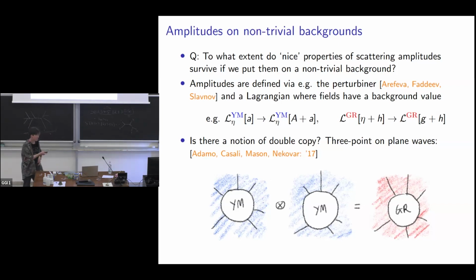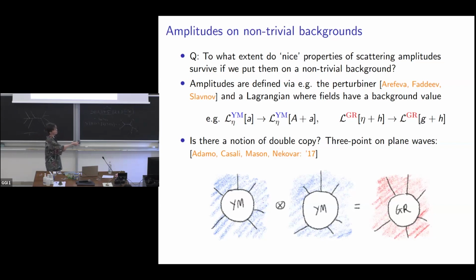So you can define, for example, amplitudes using various methods, like the perturbiner method, using Lagrangians where fields have some background value. This is just a vague statement of this. One question that you can ask is whether there's a notion of double copy for these amplitudes. Some of this has already been explored at three points on plane wave backgrounds by this group here, and it suggests that some structure like this might exist.